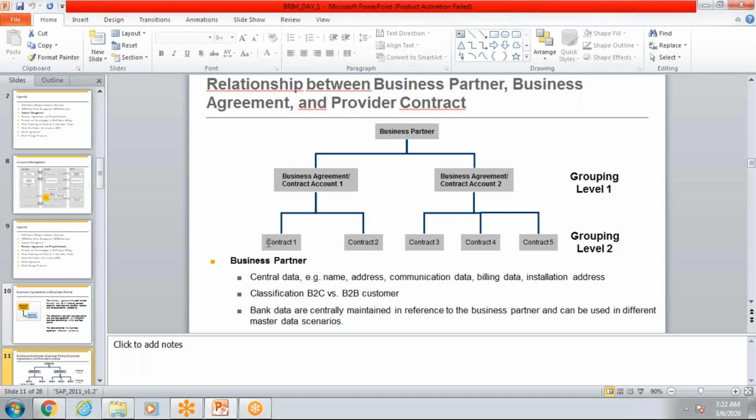There will be 2 contracts, one on my SIM card number and another on my mother's SIM card number. Is this clear? Business partner, business agreement, and contracts. It can be not just 2, it can be multiple contracts, n number of contracts.